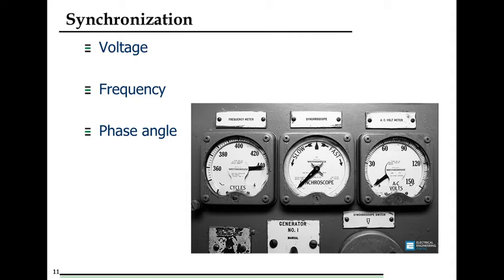We don't leave anything to grid, so that if at the time of synchronizing there is any disturbance in the grid, still our generator remains intact. So while synchronizing, we keep our voltage slightly higher than that of the grid.